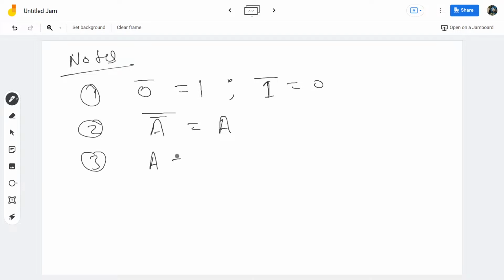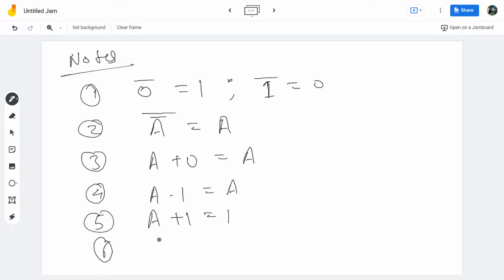Then A plus 0 is A, so this is basically A or 0, so this is basically A. And then A plus 1 is 1, and A into 0 is 0. So this was about some of the operations that we can perform.